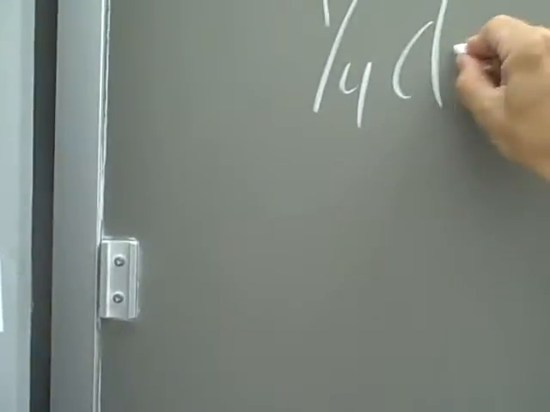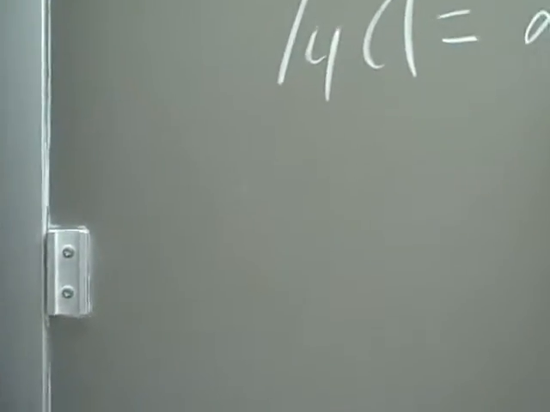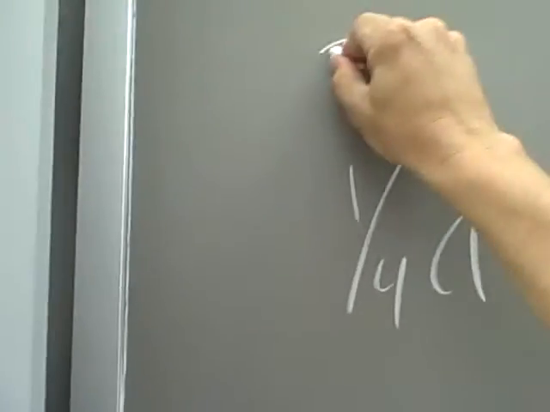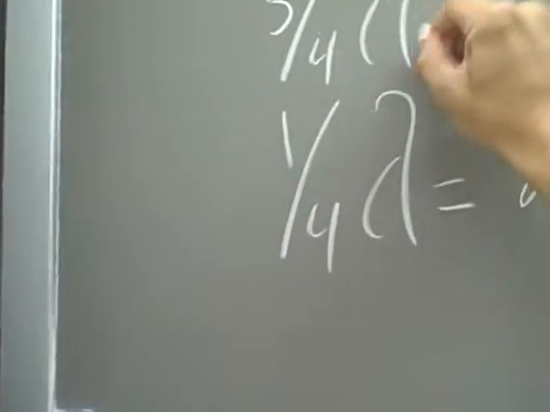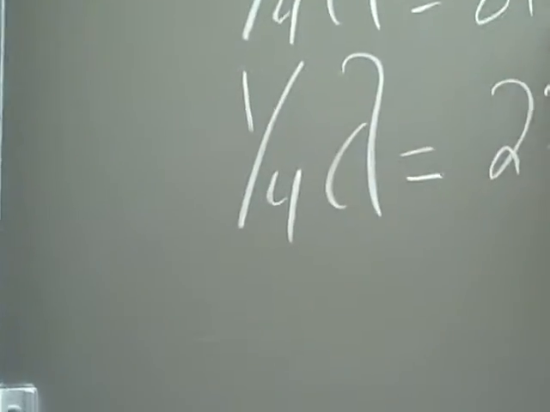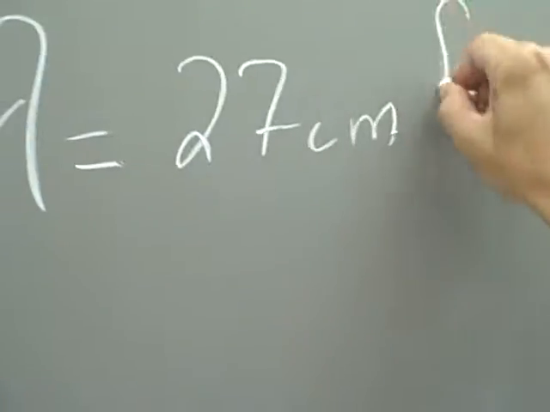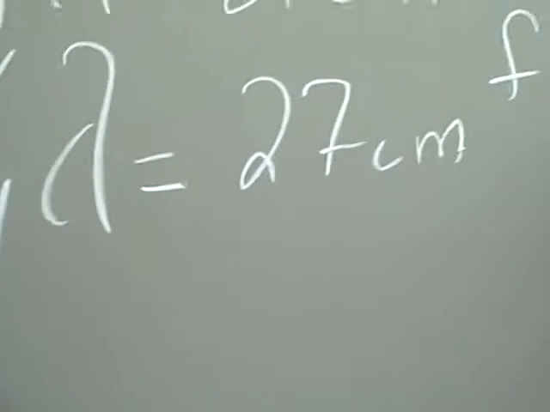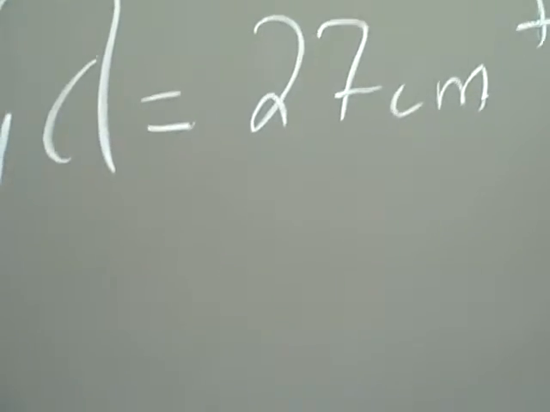The next idea is that with this whole setup, we are going to have 1/4 of a wavelength is 27 centimeters. 3/4 of a wavelength was 81 centimeters. My frequency was 320 hertz.